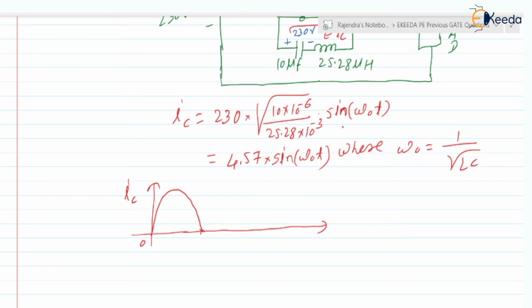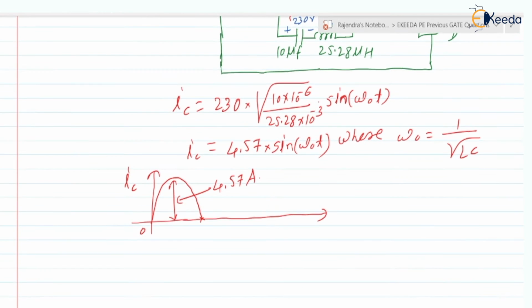Or if we check, it is 10 into 10 to the power minus 6 divided by 25.28 into 10 to the power minus 6, yes, it is 4.57 into sine of omega 0 t. So this is the IC. Can we say that the peak value of IC is equal to 4.57 ampere?